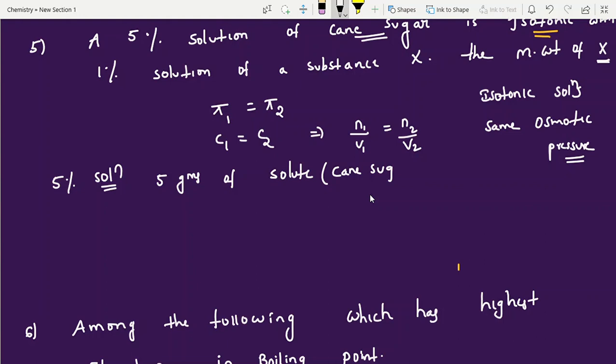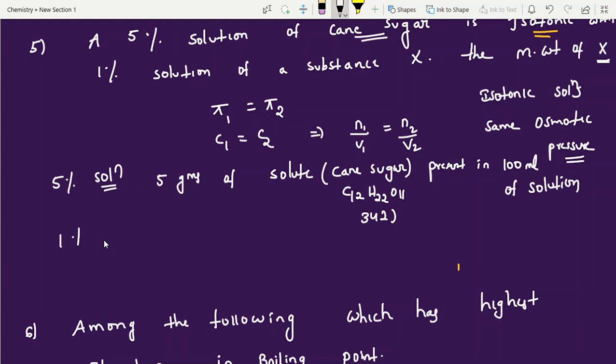What is the formula? 342. Since it is isotonic, 5 grams of solute is present in 100 ml solution.